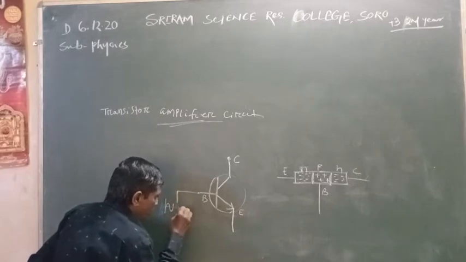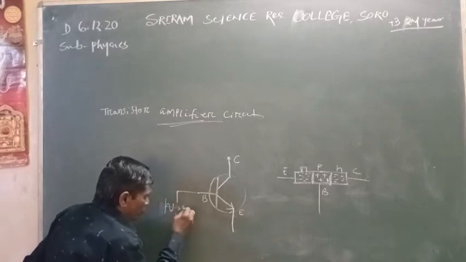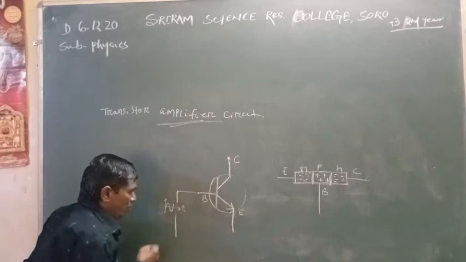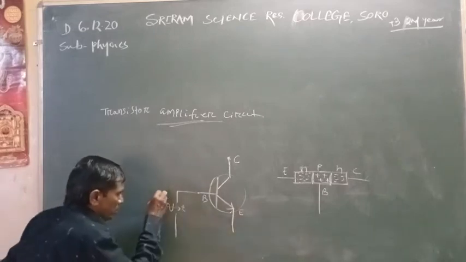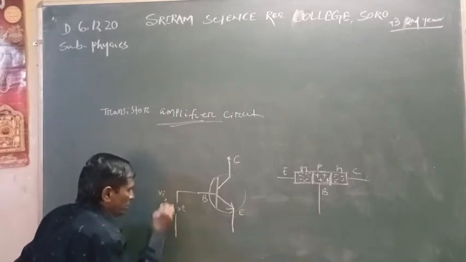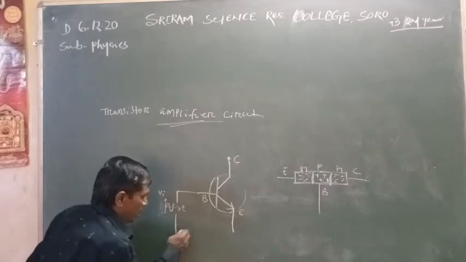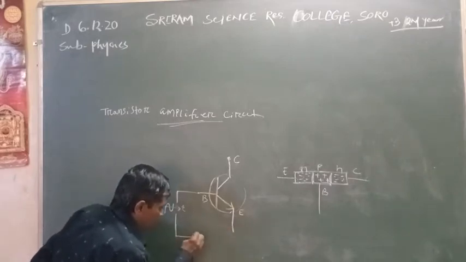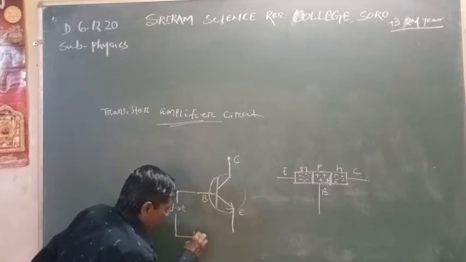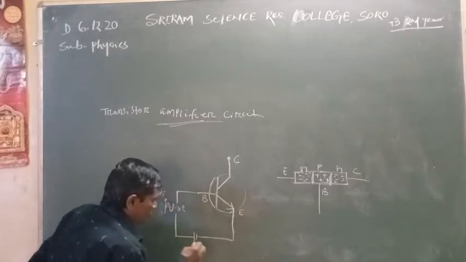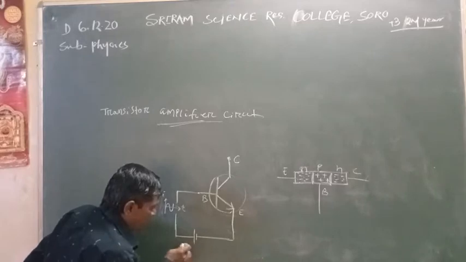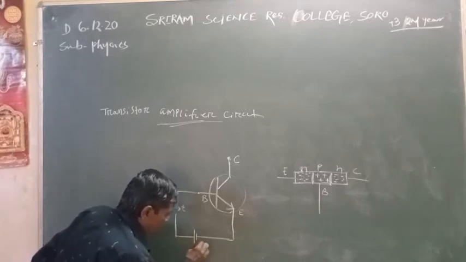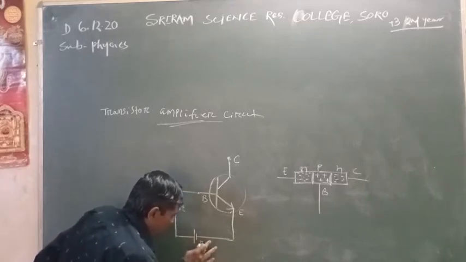This is the input circuit, and the input voltage is applied to the base emitter junction. This is the input AC signal voltage, and the base emitter biasing voltage is VBB, the base emitter battery voltage.